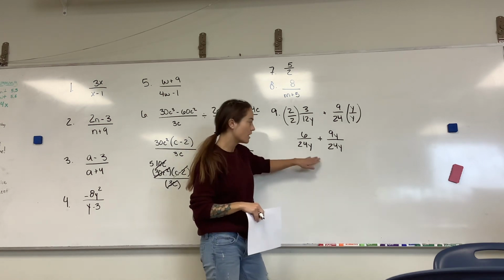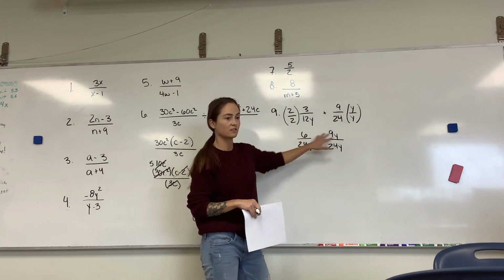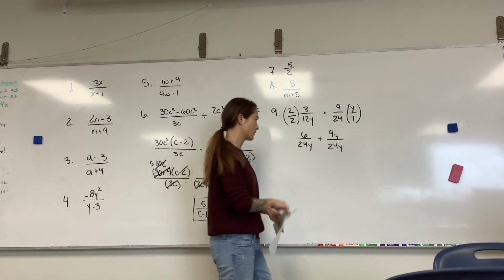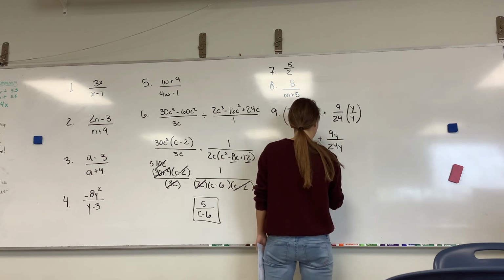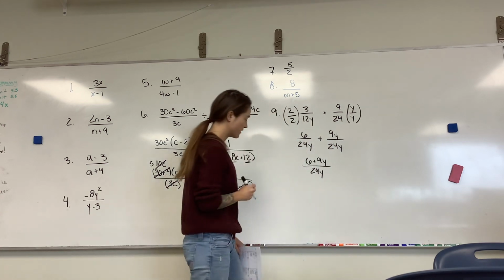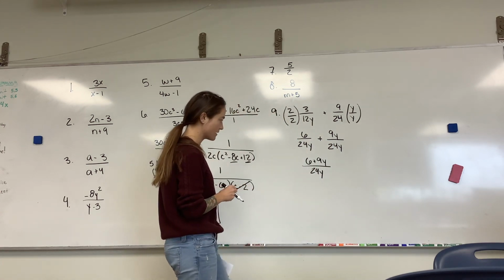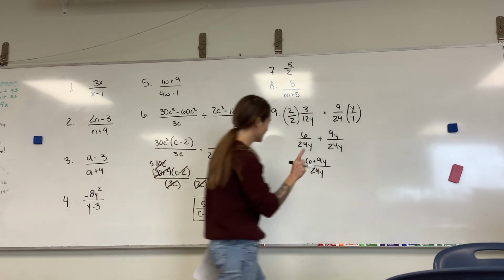So now that I have a common denominator, I'm allowed to do the mathematical operations and combine like terms in the numerator. So if I do that, I end up with 6 plus 9y all over 24y. This can definitely be factored, and I am not stalling for time when I think about what goes into all of these as a 3.